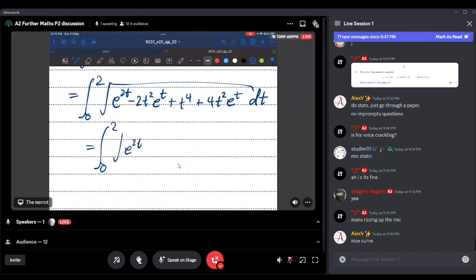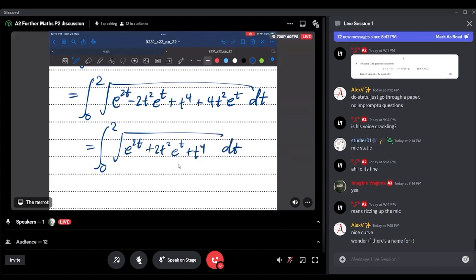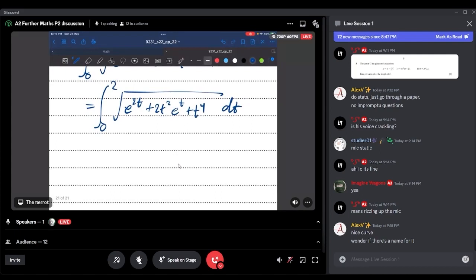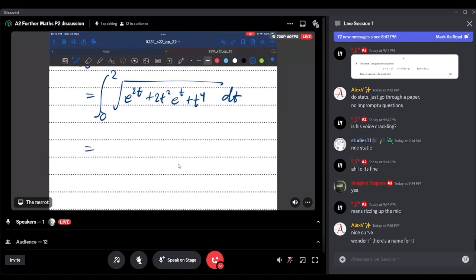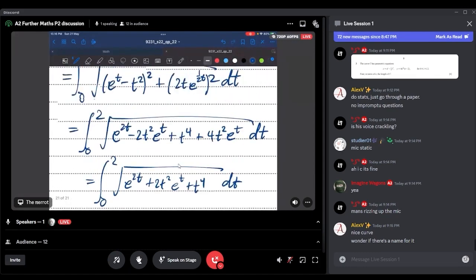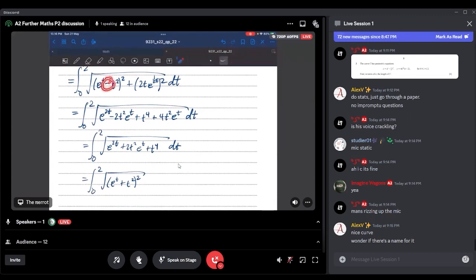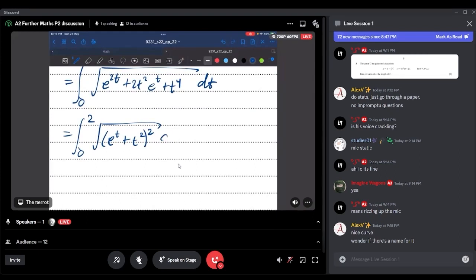But then this is just a square, right? It's just a square of these two terms. So e power t plus t squared this time. Just like this one, you just have to change it to a plus. dt. And now you can just integrate normally because for this range, this is always positive.